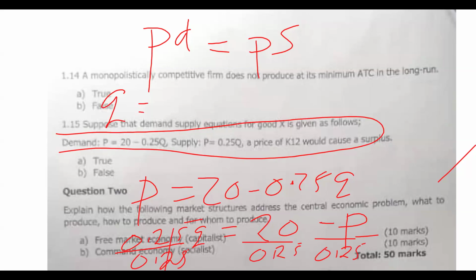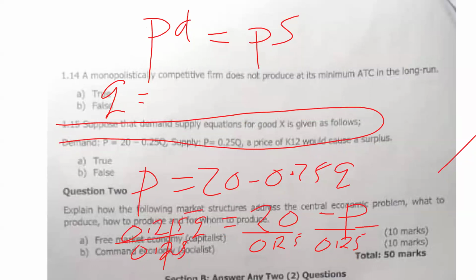What does the calculator give you? 20 divided by 0.25 gives us 80.